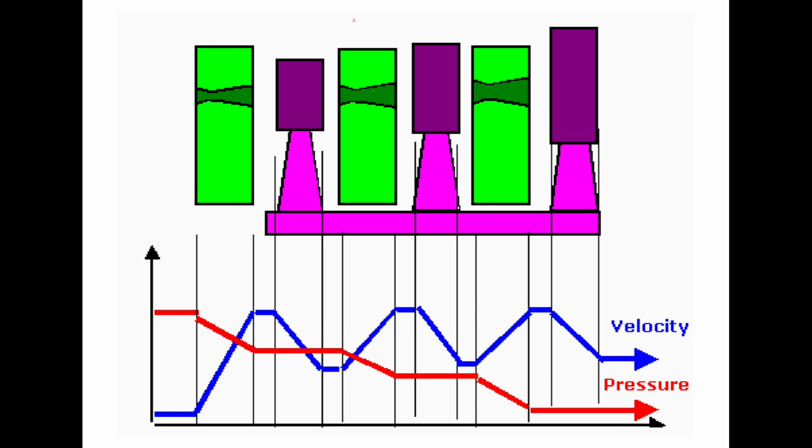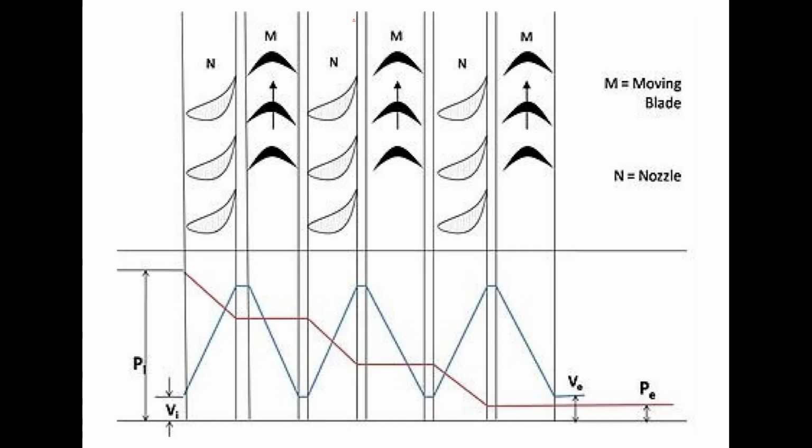In the moving blade region, steam pressure is constantly maintained, but the velocity reduces when the steam enters the moving blade. The cycle continues till the exit of the moving blade. In this way, the velocity and the pressure play their role in this turbine.